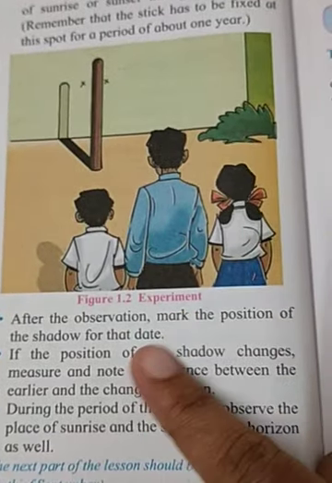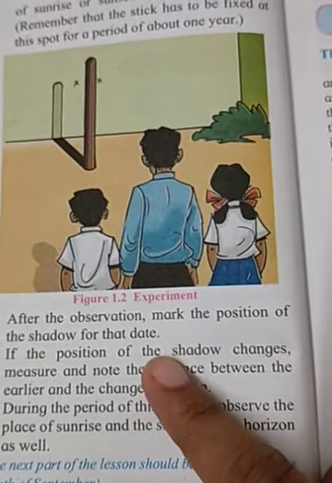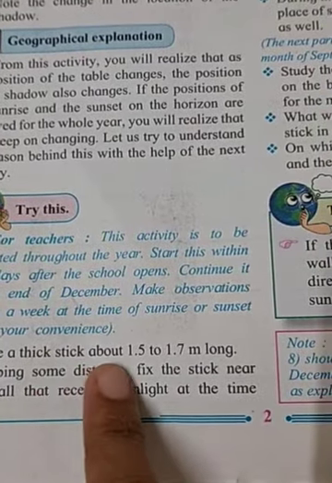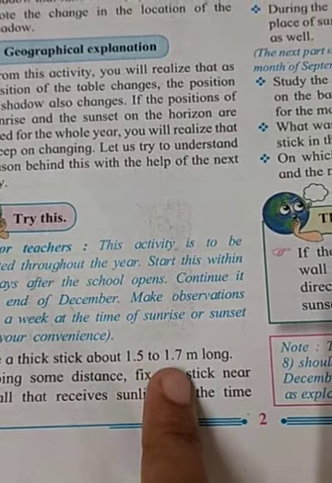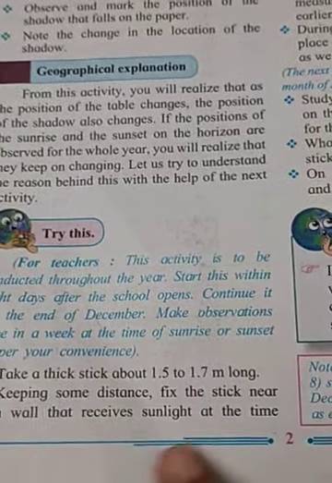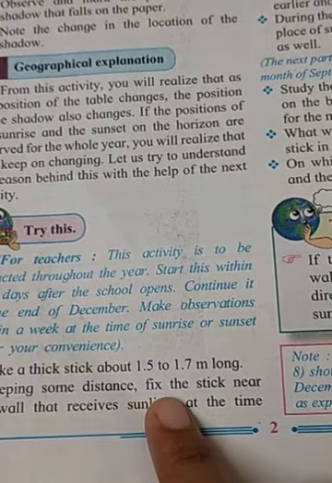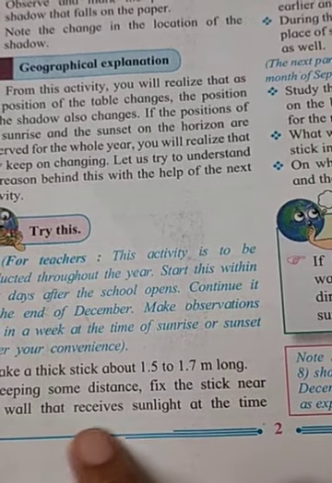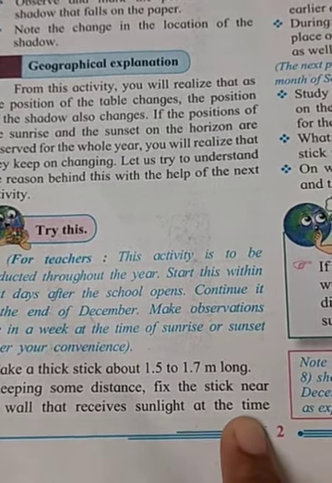See here. After the observation, mark the position of the shadow. So first thing what you have to do, you have to take a thick stick about 1.5 to 1.7 meter long. One stick you want. Keeping some distance, fix the stick near a wall that receives sunlight at the same time.